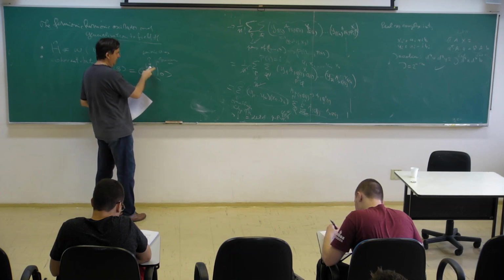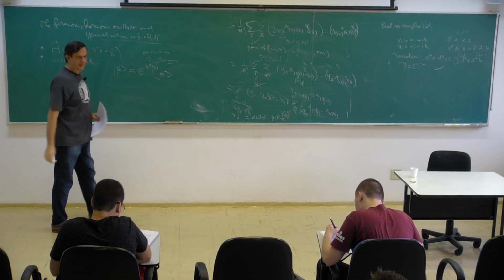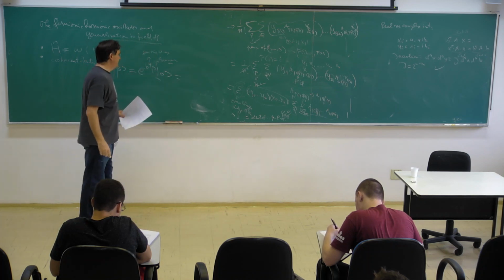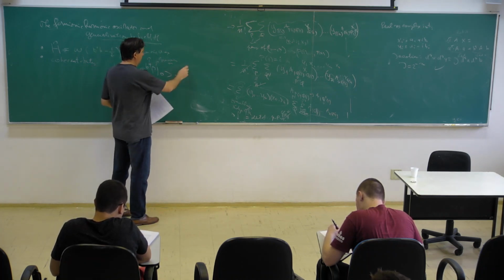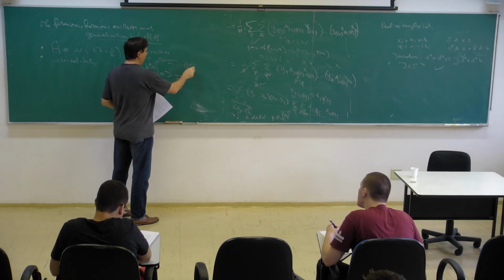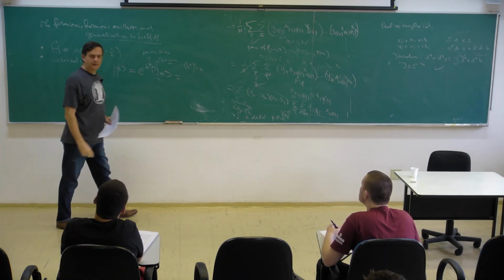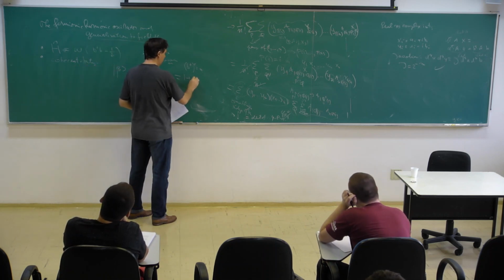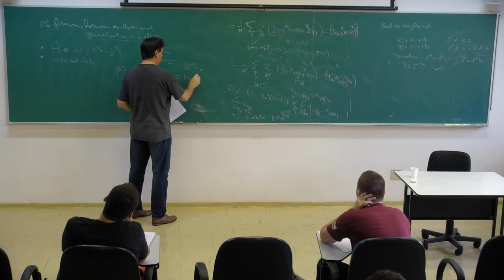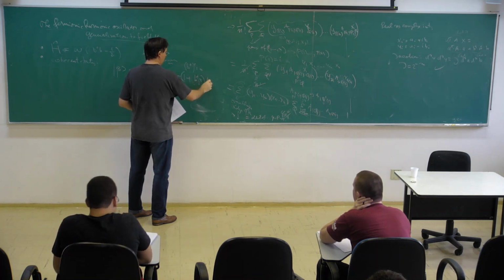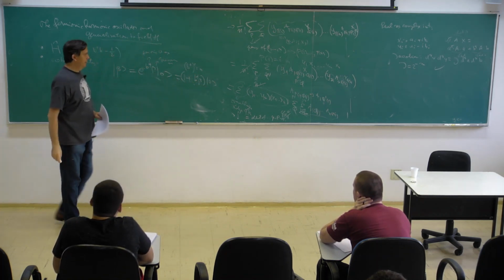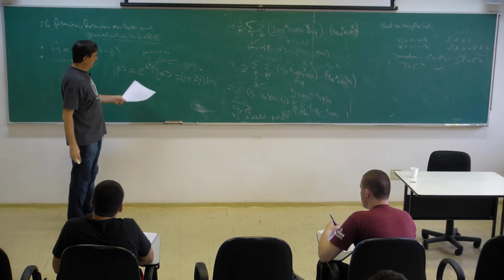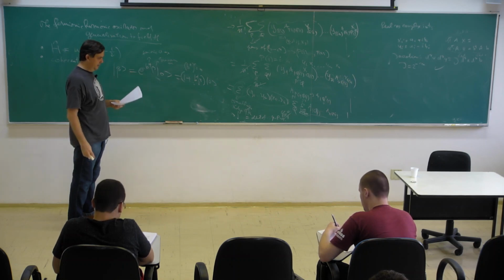So b dagger and beta anti-commute, they don't commute. Because they're fermionic things, b dagger squared is 0. So now I only have the 0th order and the 1st order term in the exponential. The 2nd order and higher are 0 because b dagger squared is 0.